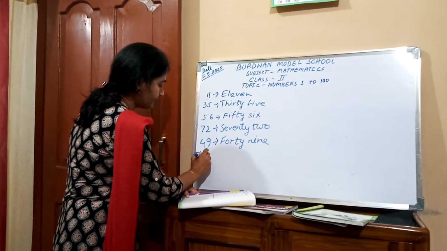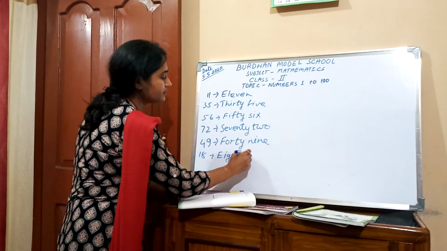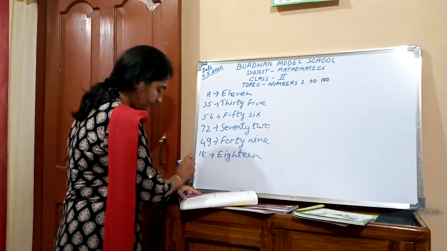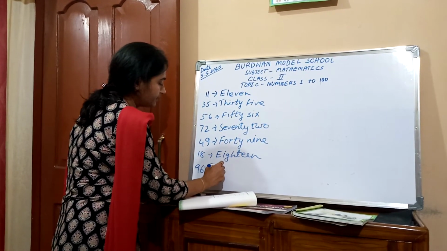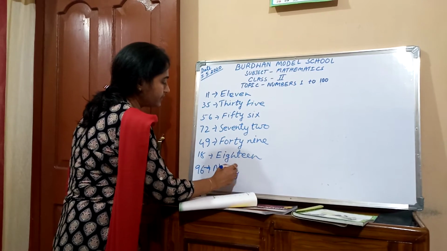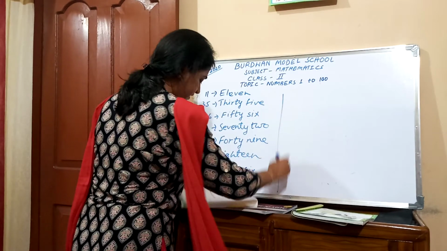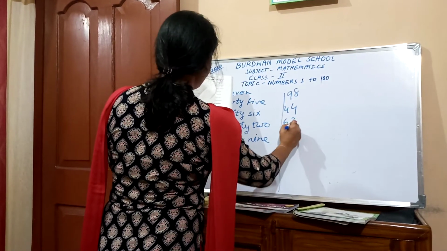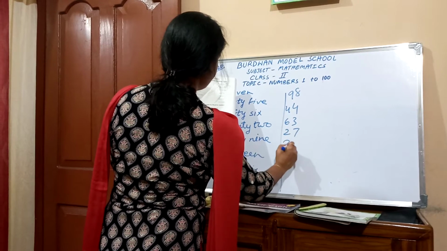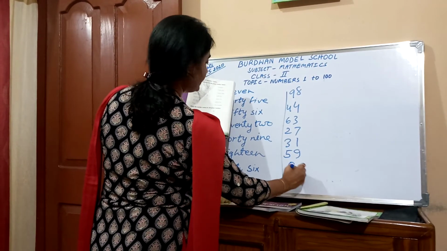Next is 18, E-I-G-H-T-E-E-N. And 96, N-I-N-E-T-Y, S-I-X. Now on the right side are given 98, 44, 63, 27, 31, 59 and 86.